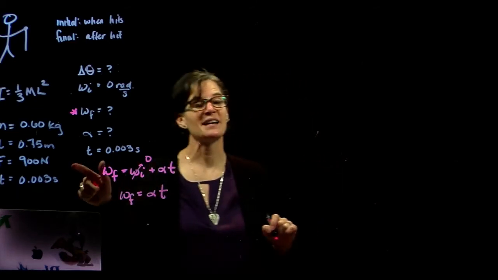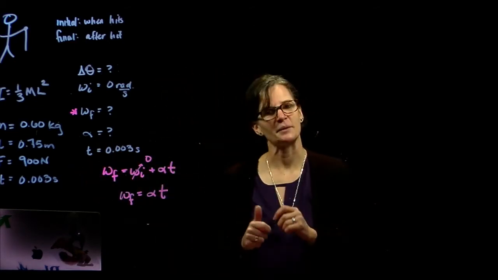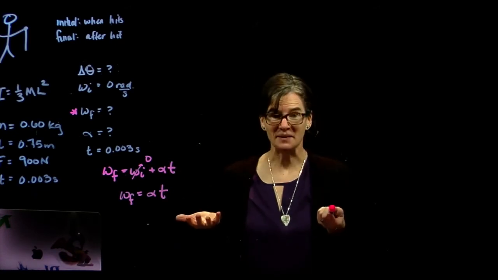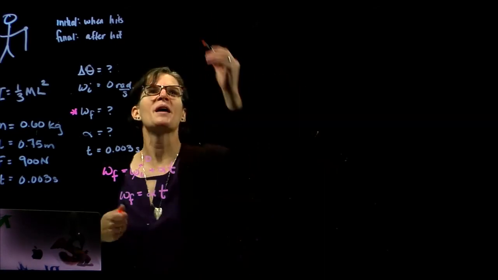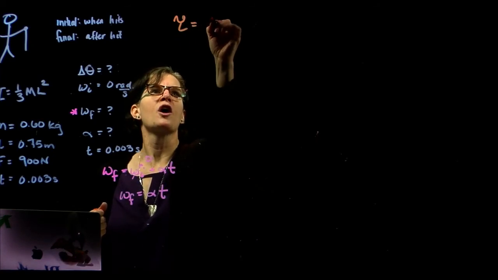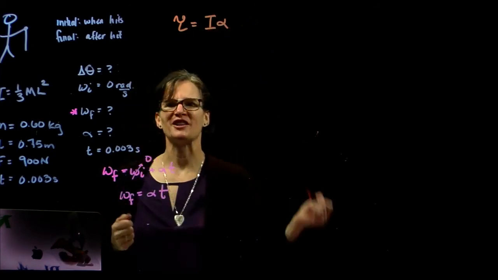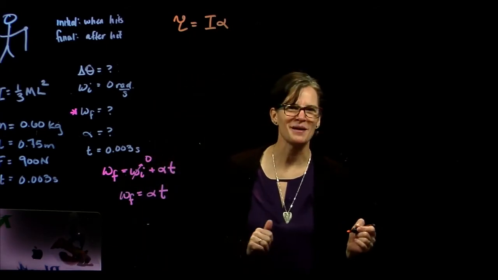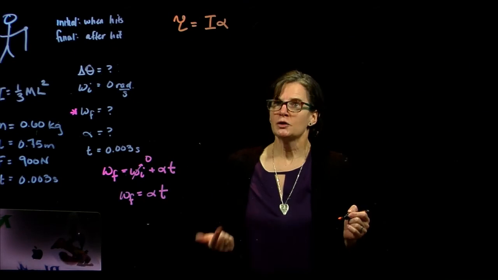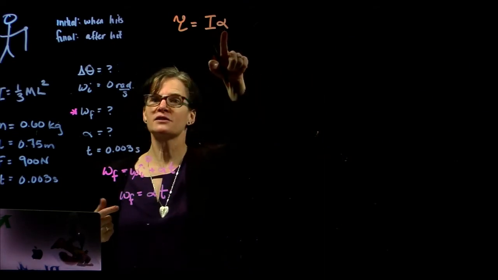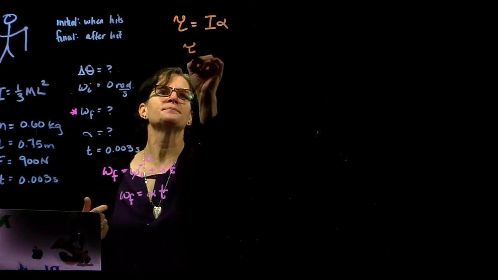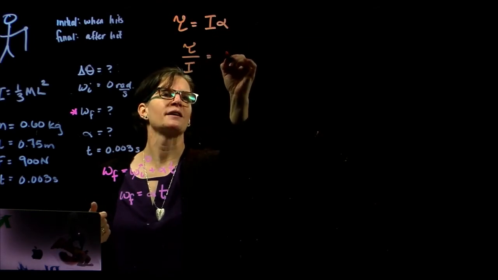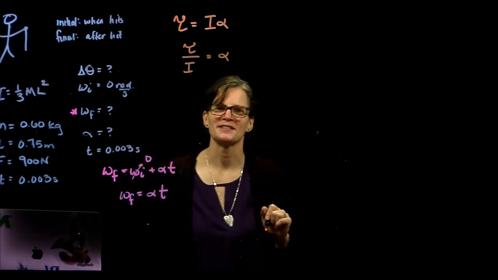All right, well, I'm given my time, but I'm not given my angular acceleration. Well, what causes an angular acceleration? A torque. So we know that the torque causes an angular acceleration related to that moment of inertia, that axis about which it's rotating, and of course the mass distribution. So if I want to find my angular acceleration, my torque divided by my moment of inertia should give me that angular acceleration.